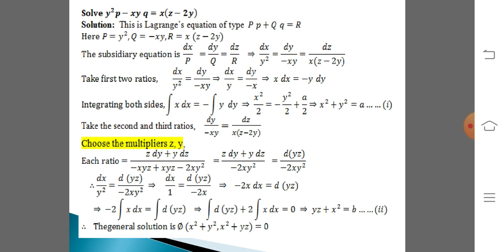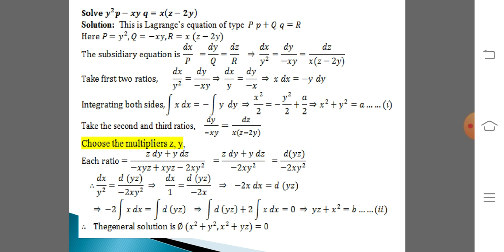dx by, you substitute the values of P, Q, R. So you get dx by y square equal to dy by minus xy equal to dz by x into z minus 2y. You consider the first two ratios, dx by y square equal to dy by minus xy.